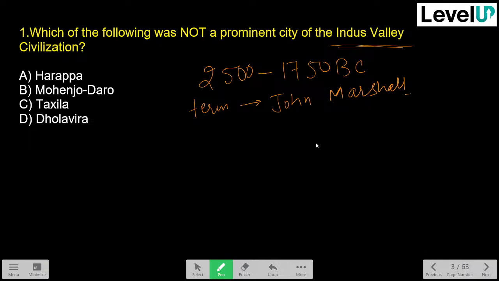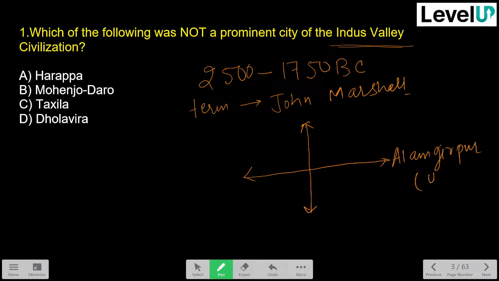About the Indus Valley civilization, there were four extents. Suppose this was the Indus Valley civilization; we have to know the easternmost, westernmost and all these parts. The easternmost part extended to Alamgirpur, which is now in UP.